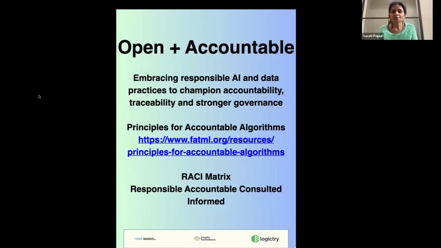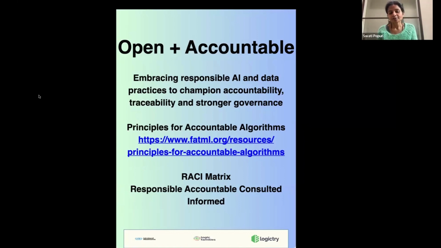So, if there is a crisis or an unpredictable outcome from the AI model, it is really important to understand who assumes this risk and who owns this risk in the organization, even before the team looks into the development process of the AI model.